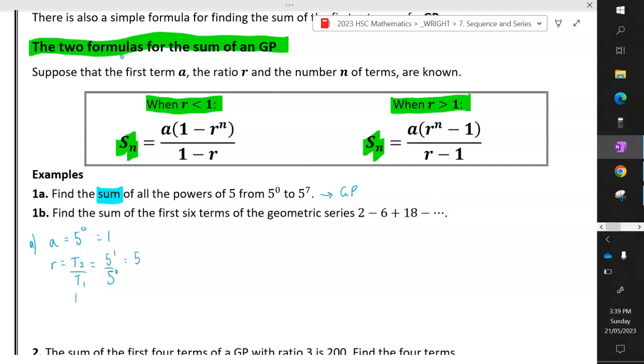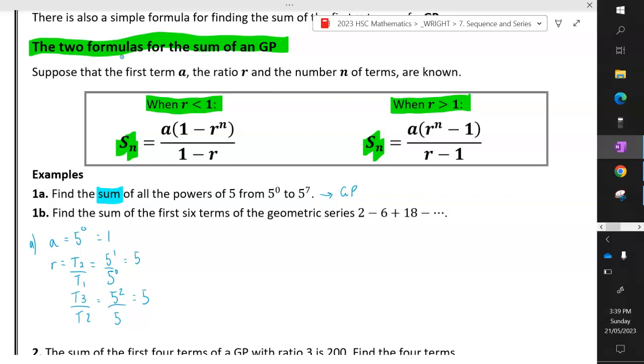And if we wanted to test it, if we didn't know it was a GP, we'd test then that term 3 on term 2. That 5 to the 2 on 5 to the 1, which is 5 fives, which is 25 divided by 5, which is 5. So there we are. Our common ratio is going to be 5.